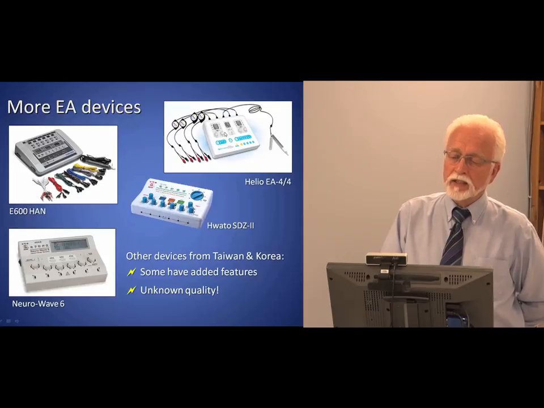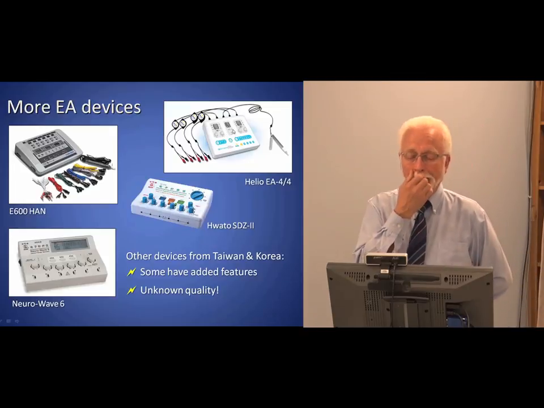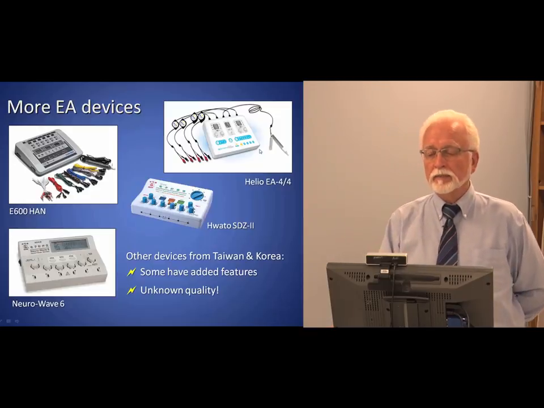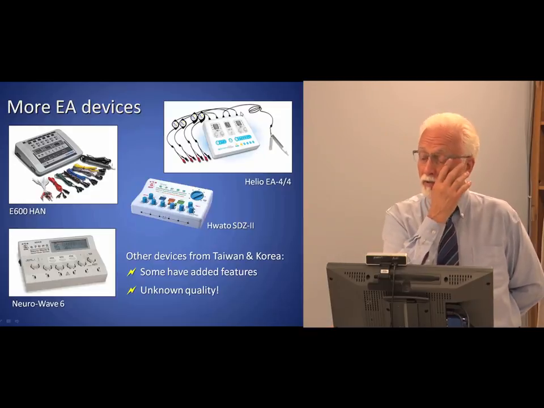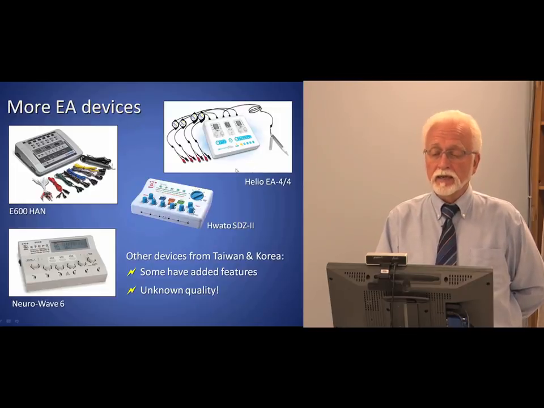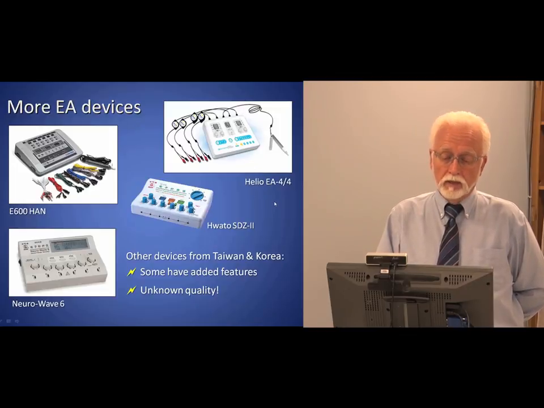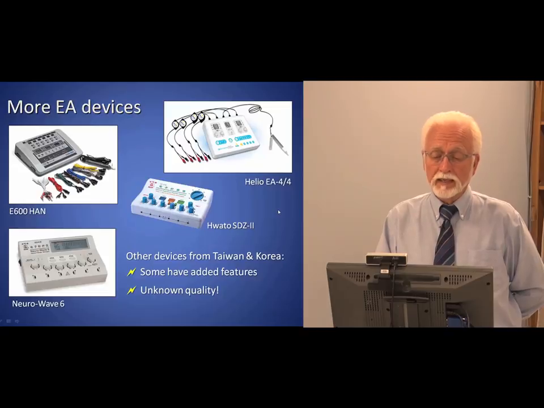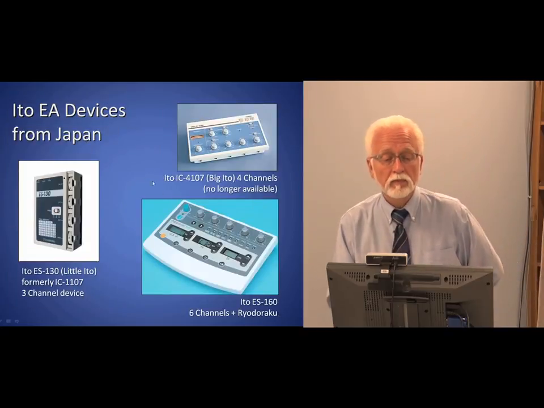The Helio device here on the upper right was made by the Helio company, and they've taken it off the market, unfortunately. I think they had some problems with it. So I don't know about its reliability either. I liked the features it had. So again, unknown quality, not a lot of testing on these, so we really don't know what they're doing, and I don't really recommend them.